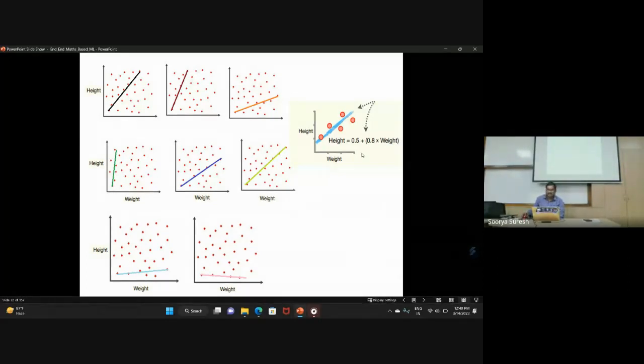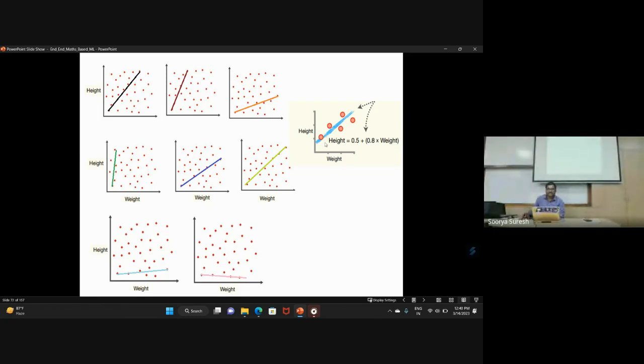As I said, the straight line is a set of prediction values, and those predicted values must be as close as possible to the actual values. If we assume that this is the best curve, then this is the worst curve, because the difference between the actual points and these predicted points will be more.